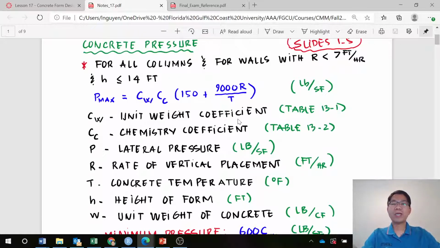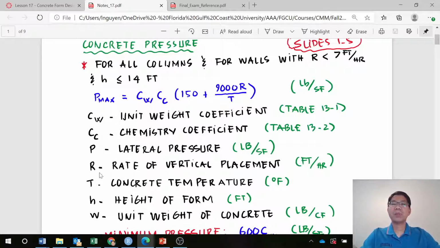CW is the unit weight coefficient, use table 13.1. CC stands for chemistry coefficient, depending on whether you use a retarder additive in the concrete, which you learned in civil engineering materials, table 13.2. And then the lateral pressure, pounds per square foot, is what we learn here, and we get P max at some point.